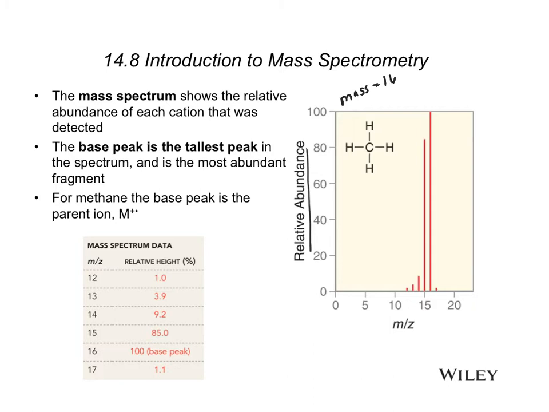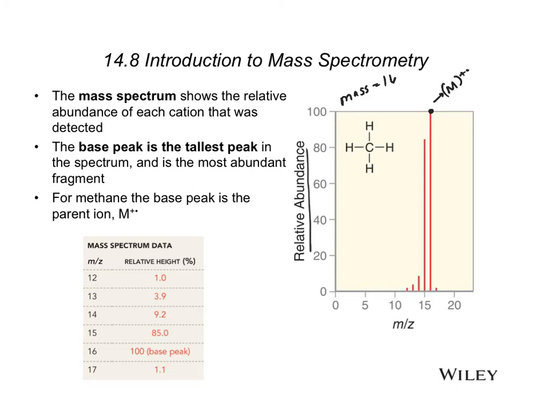When we look at this mass to charge ratio, and again, this charge is usually 1, so this is just the mass, if you want to think of it like that. What is our highest peak at? 16. Okay, so this was our molecular ion, our molecular fragment, our parent ion, our radical cation. That was the original one.